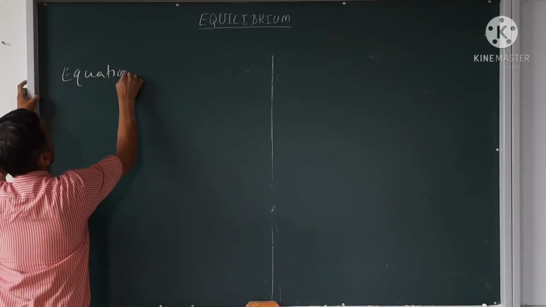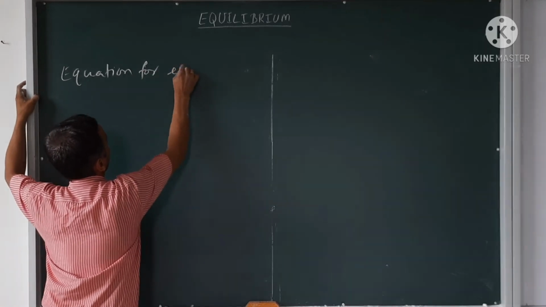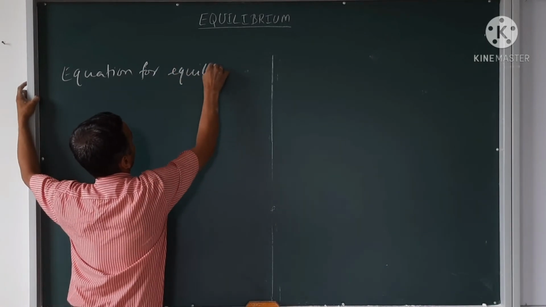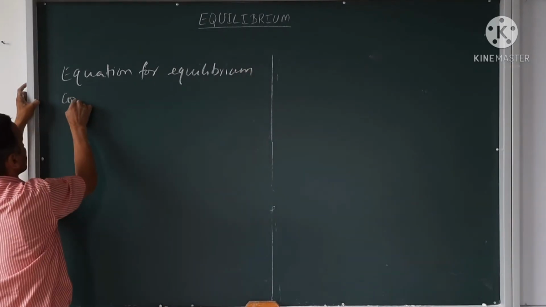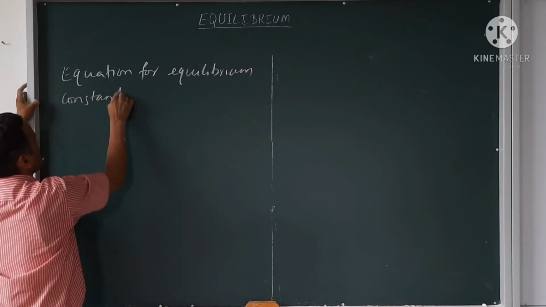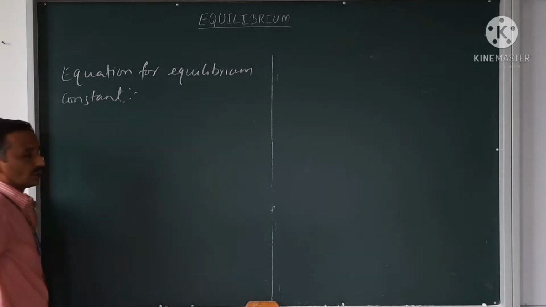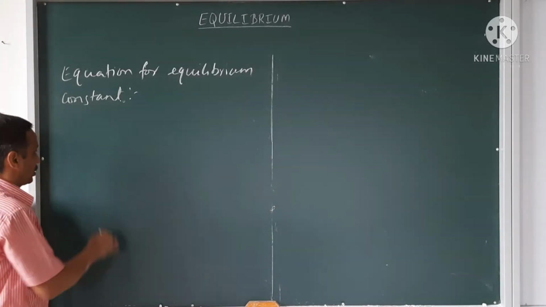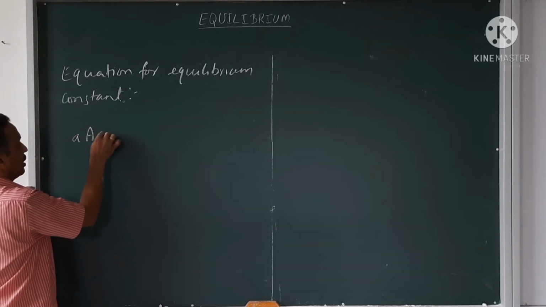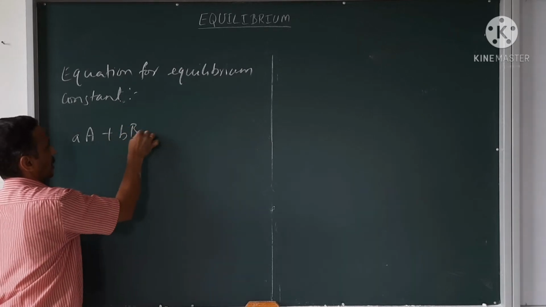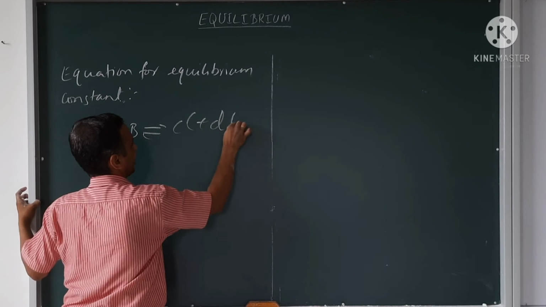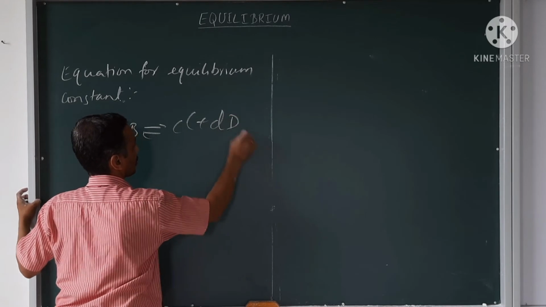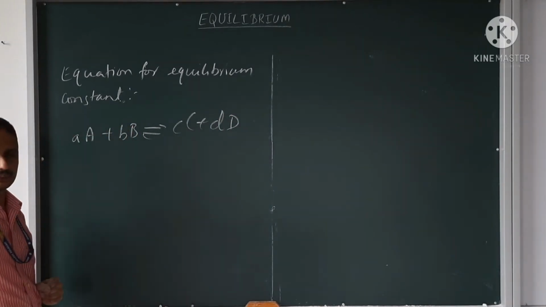Equation for equilibrium constant. You just take a general equation: A plus B giving C plus D. A general equation.